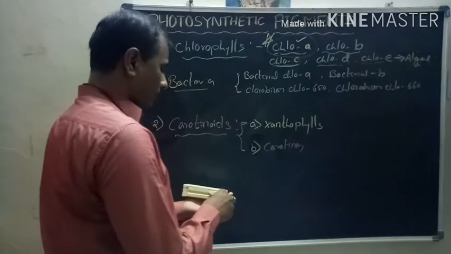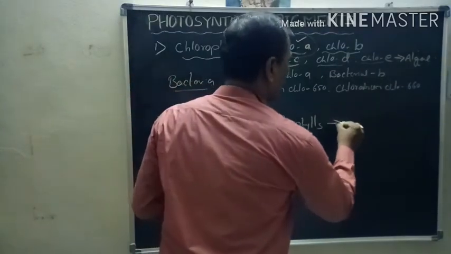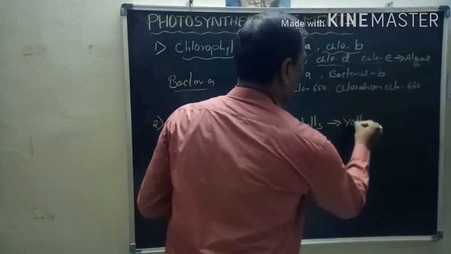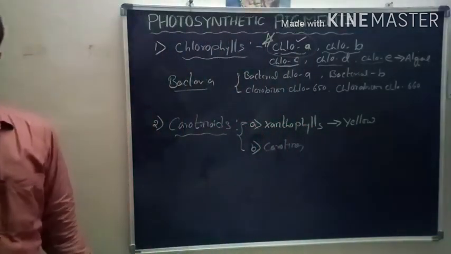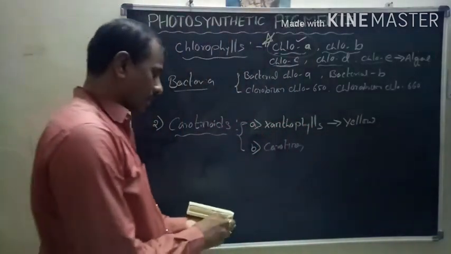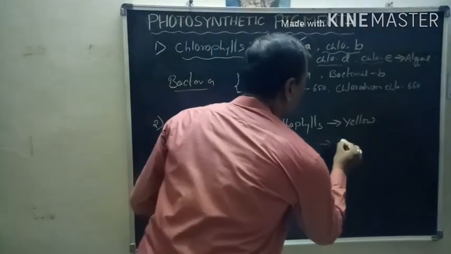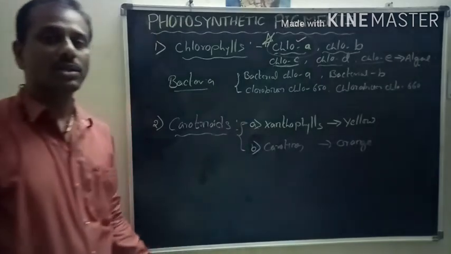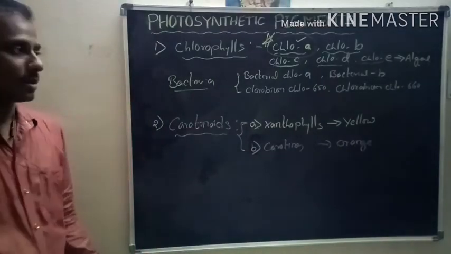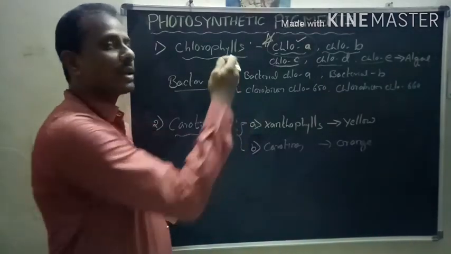Xanthophylls are the yellow color pigments and carotenes are the orange color pigments. Chlorophylls are the green color pigments.